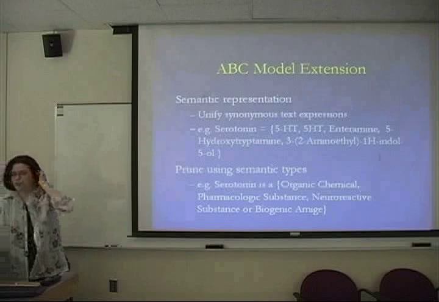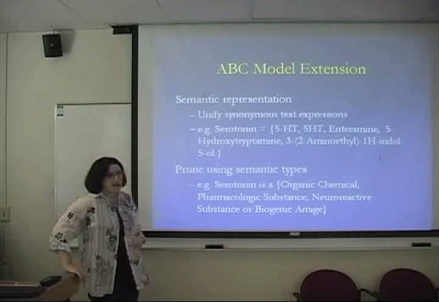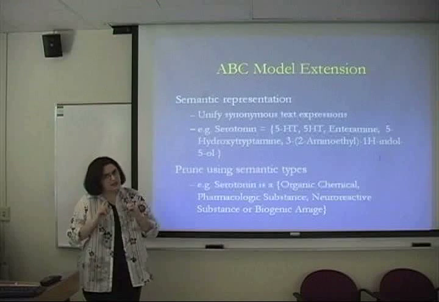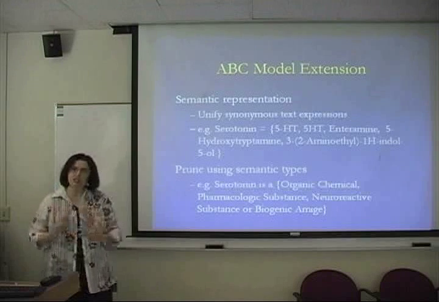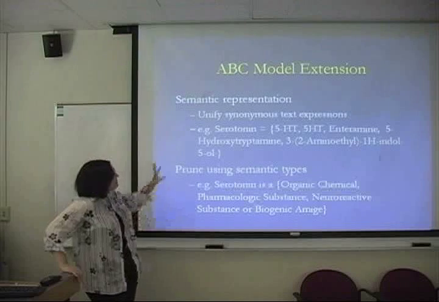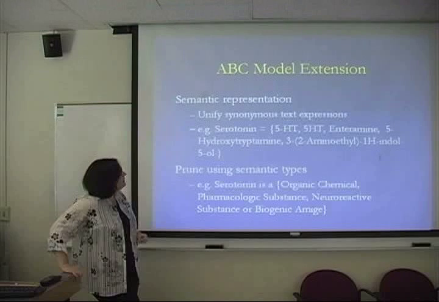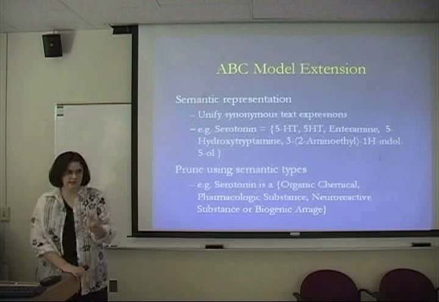So one approach to try and extend this is to explore different representations of the text. Instead of just looking at word co-occurrences, we're going to change the representation so that we're looking at concepts. And concepts in this model, or a semantic representation in this world, is this notion of trying to unify synonymy in text.